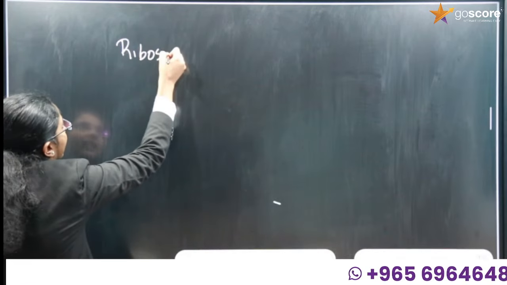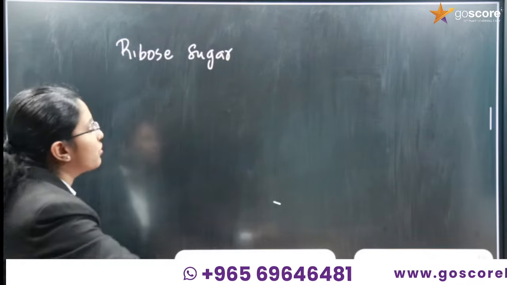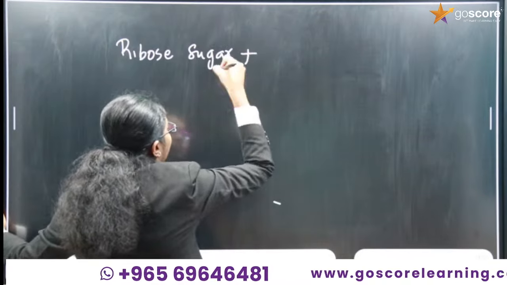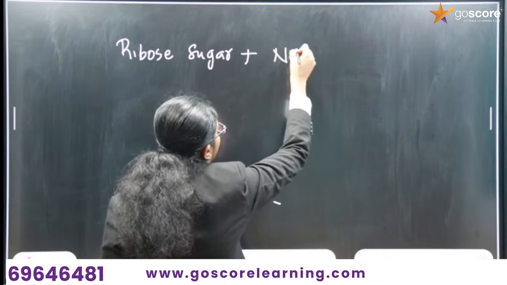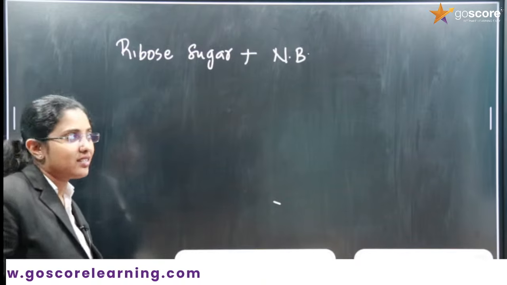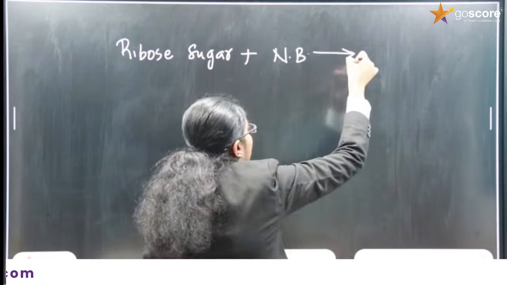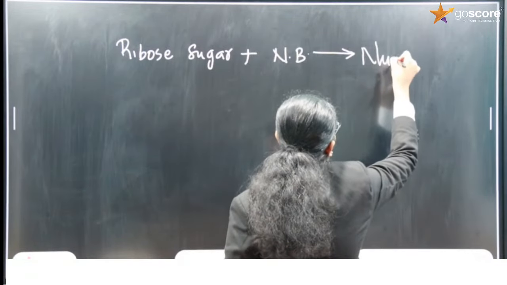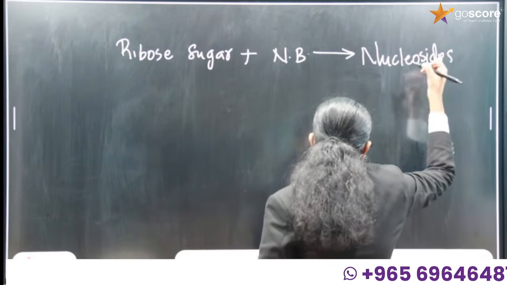So we have ribose sugar as one component. This ribose sugar will be attached to the nitrogen bases, and if it is attached to the nitrogen bases, the structure will be known as a nucleoside.